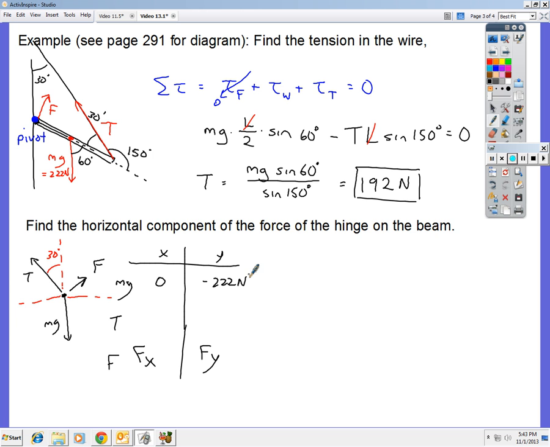To get the components of T, that's not too terribly difficult. T we know is 192 newtons. That angle is 30 degrees. So its y component is positive 192 cosine 30 degrees.